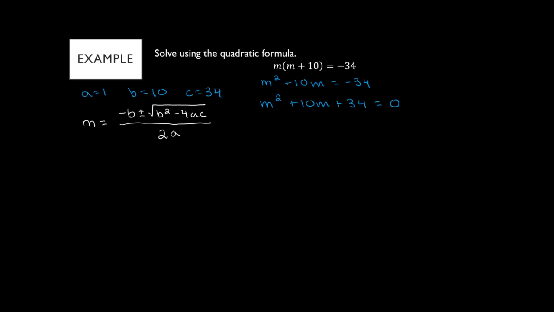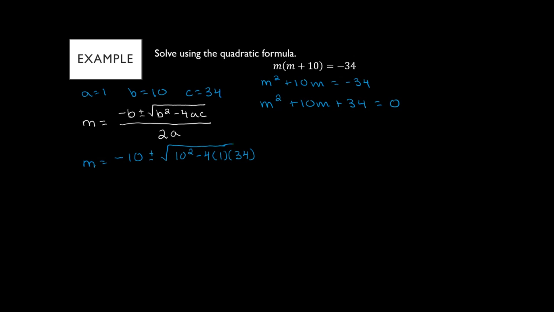So I need to plug in these numbers. M equals negative b, so it's negative 10 plus or minus square root b squared, so that's 10 squared minus 4 times 1 times 34.